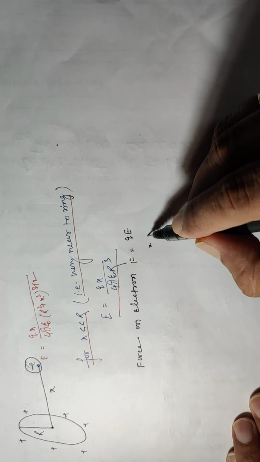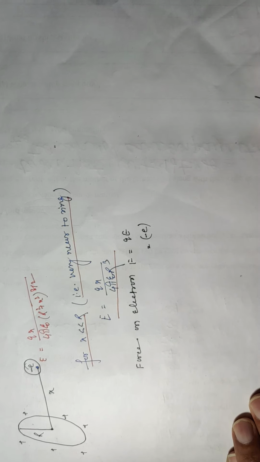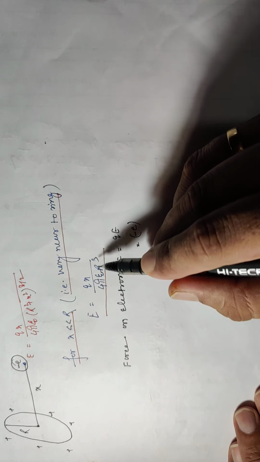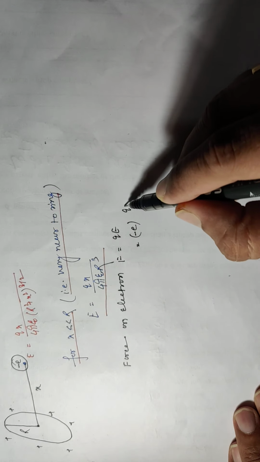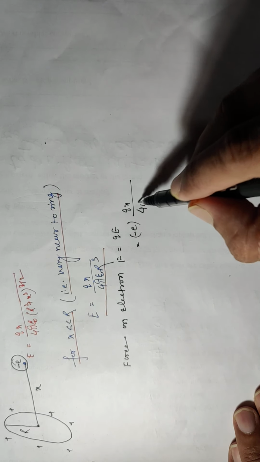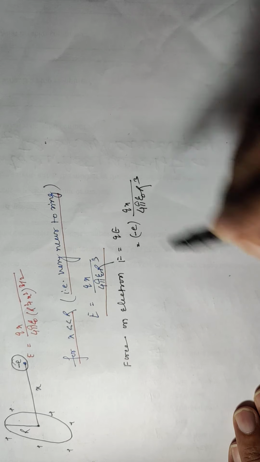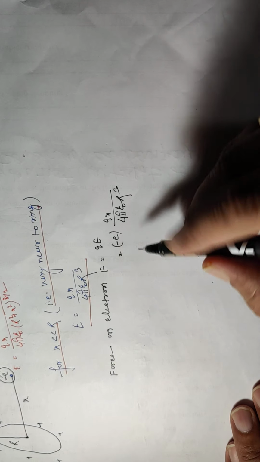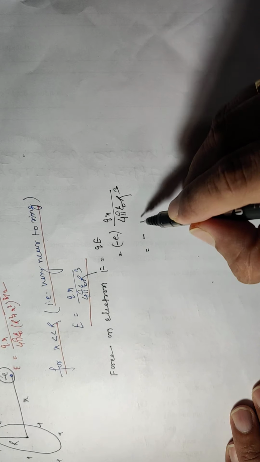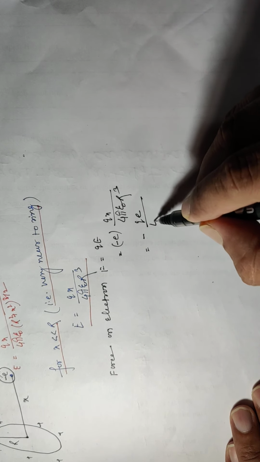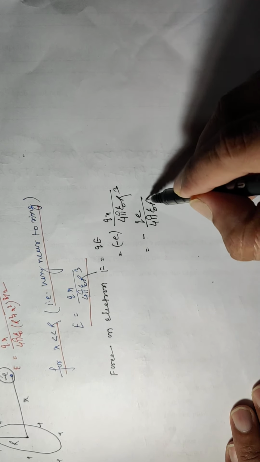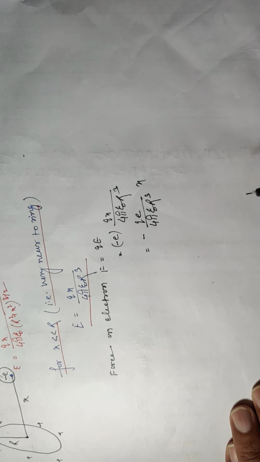In this case, the electronic charge is minus e, and the field obtained here is qx by 4 pi epsilon naught r cube. Solving this expression, we get minus qe by 4 pi epsilon naught r cube into x.